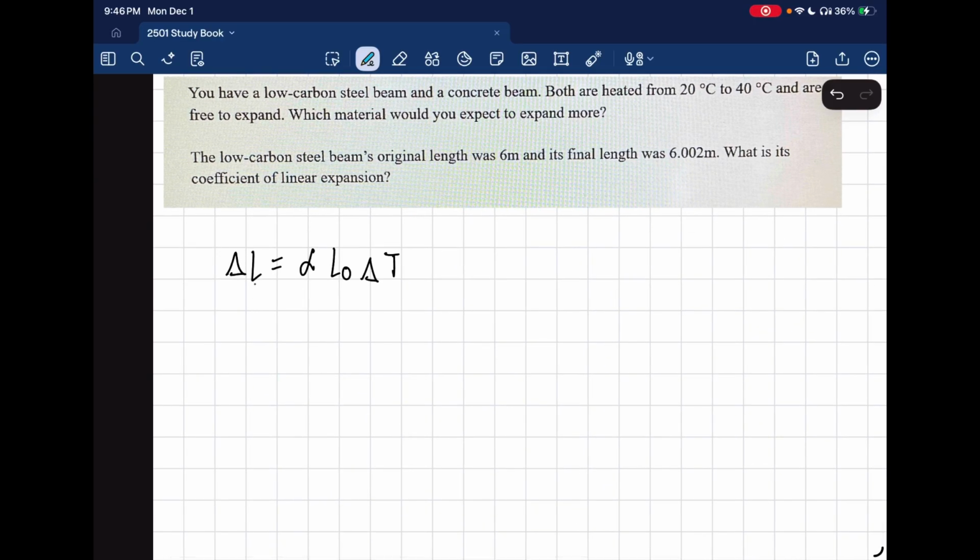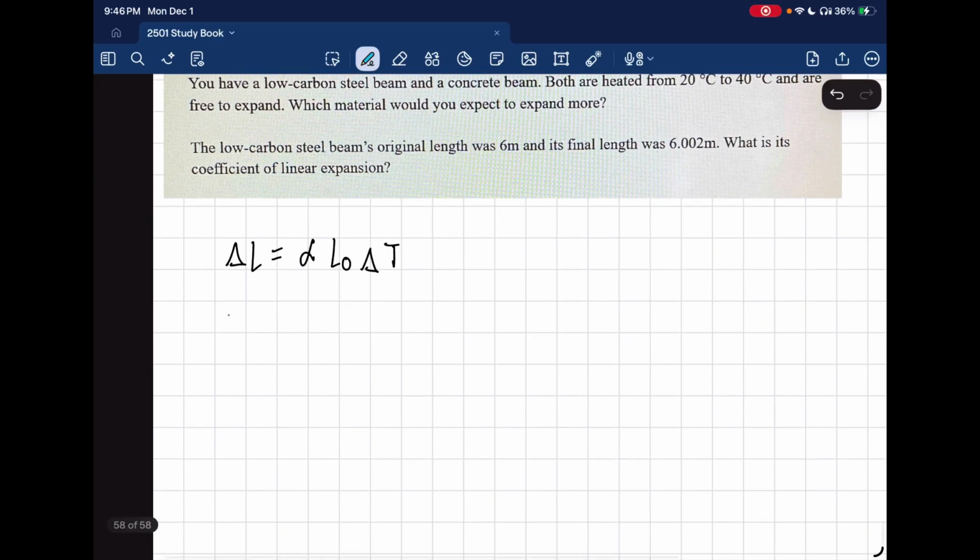So our change in length is going to be our final length, which is 6.002 minus 6 meters, equals alpha, which is unknown, original length 6 meters, and our change in temperature, positive 20 degrees Celsius.